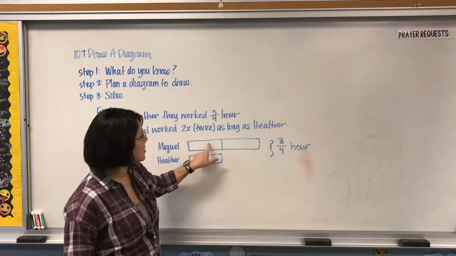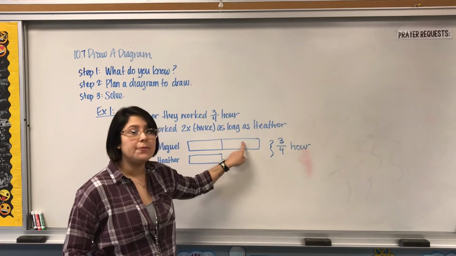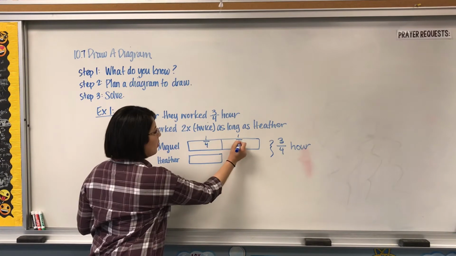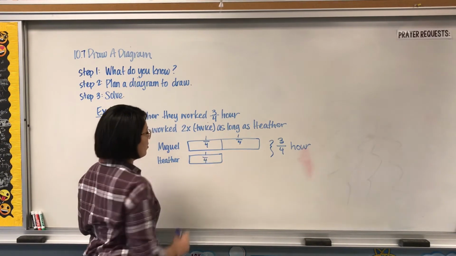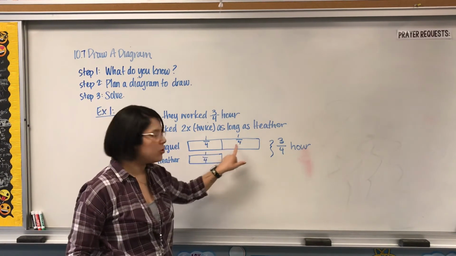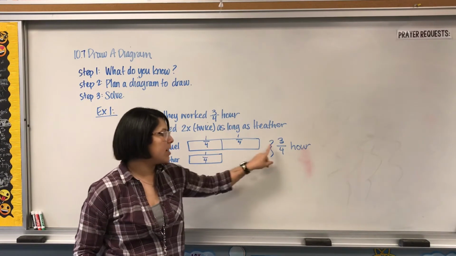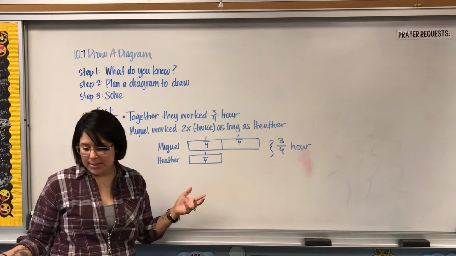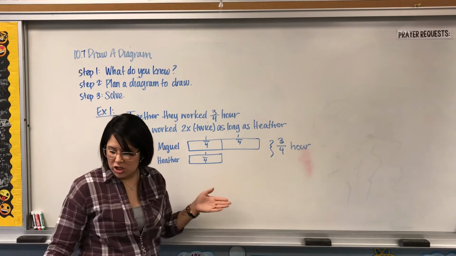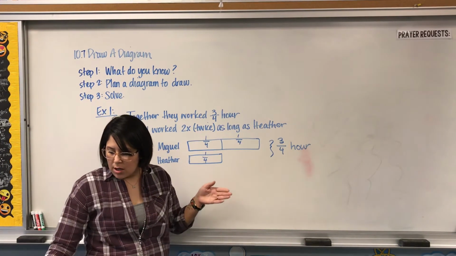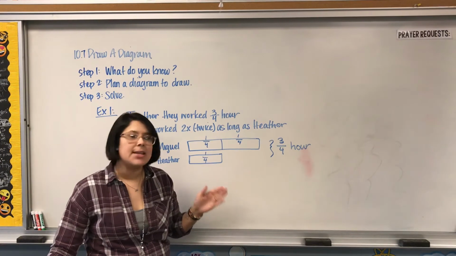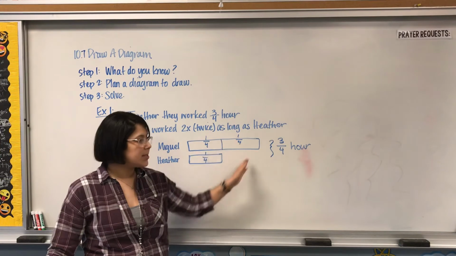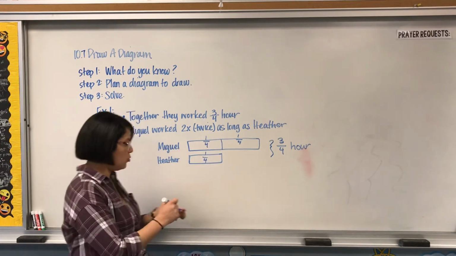So each of these we said were 1/4. 1/4, 1/4, and 1/4. 1/4, 2/4, 3/4 make up this 3/4 of an hour. So now the original question is asking you, how long has each student worked? Okay, so now we can see here how long each student worked.